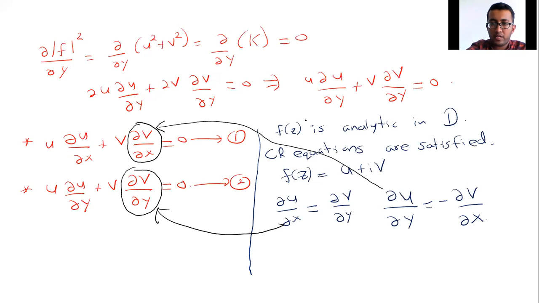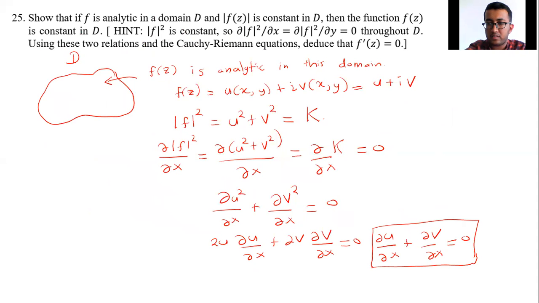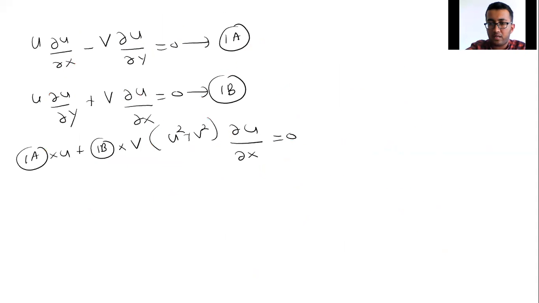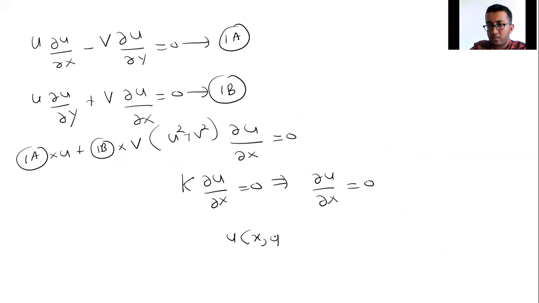And we know that u square plus v square is a constant, and that is my constant k, because this is the modulus square of function f(z). So k into ∂w/∂x is equal to 0, and I can have ∂w/∂x equals 0. So what can you tell about the function u(x,y)?